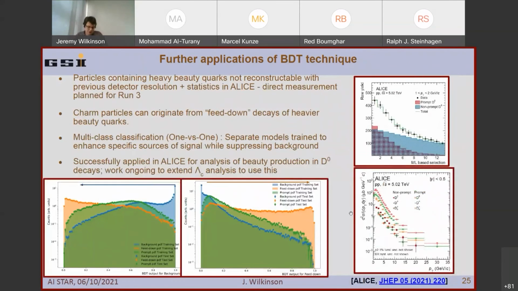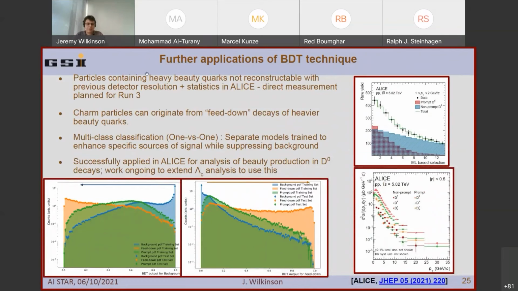And then we can push the techniques also towards multivariate techniques in order to distinguish the initial sources of the particles that we measure.